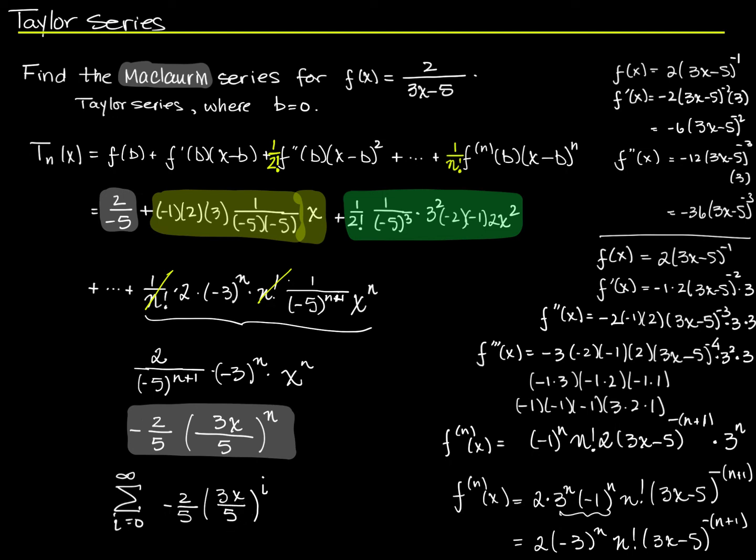Let's see. When i is 1, I get 3 over 5. A negative times a negative is a positive. There's my 3 over 5 to the power of 1 times 2 over negative 5. So I've accounted for this negative 1 and this negative 5 and this positive 3. I've accounted for this 2 and this negative 5, and then I just have x to the power of 1.